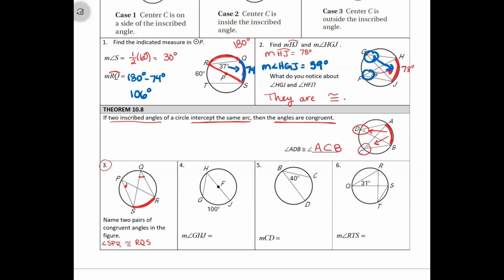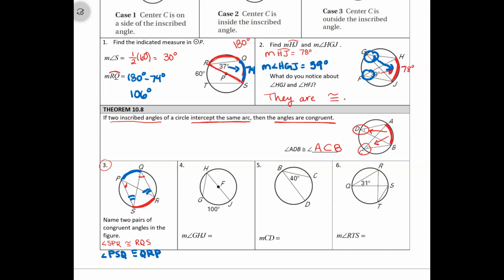Now, switching to this angle and this angle, they are intercepting that arc. So I can now say for this one, PSQ is congruent to QRP because they are intercepting the same arc.